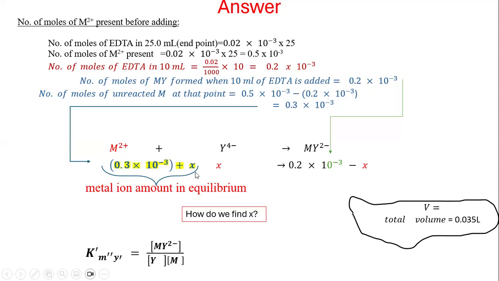So you have number of moles divided by 35 milliliters, that is in liters, 0.035 liters. My2 minus, this much minus X divided by 0.035.